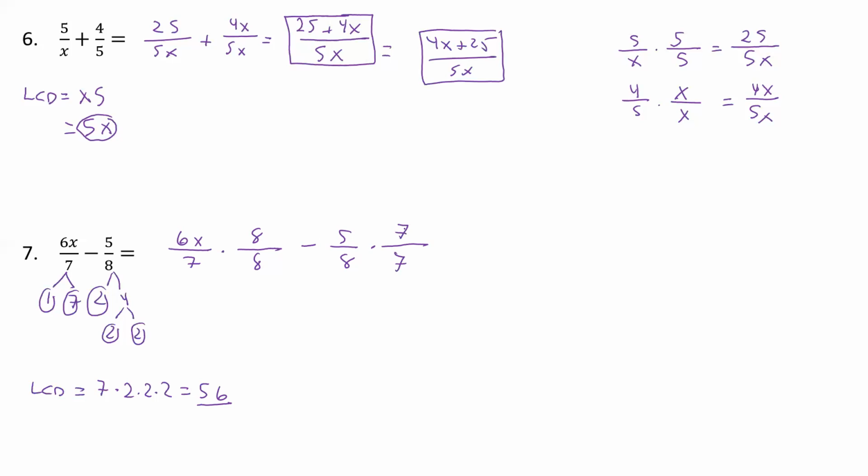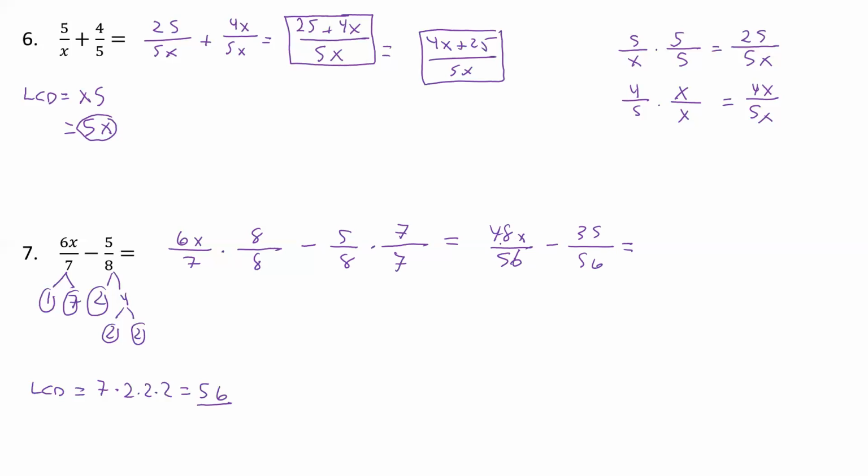And again, numerator, denominator. Now we have 6x times 8. So we can take 6 times 8, we get 48, times x is 48x. And that's all over 56. Minus, now we have 5 times 7. That's going to give us 35 all over 56.